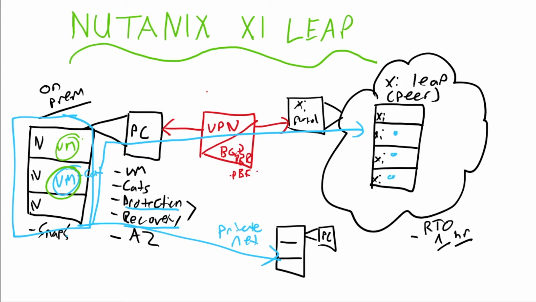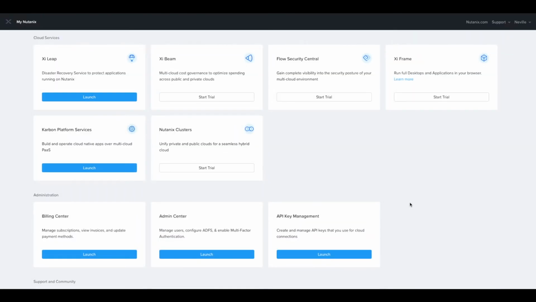So that's a high-level overview of the Nutanix Xi Leap platform. We have seen an intro about Xi Leap as a product that Nutanix has for our customers for disaster recovery and business continuity.